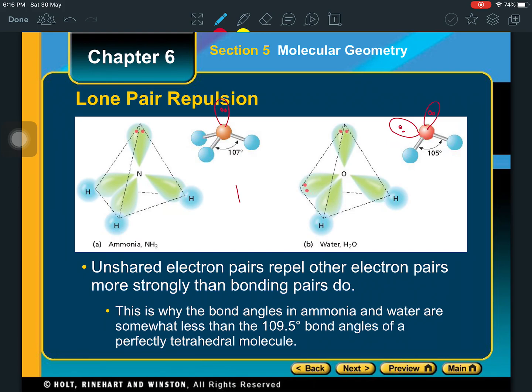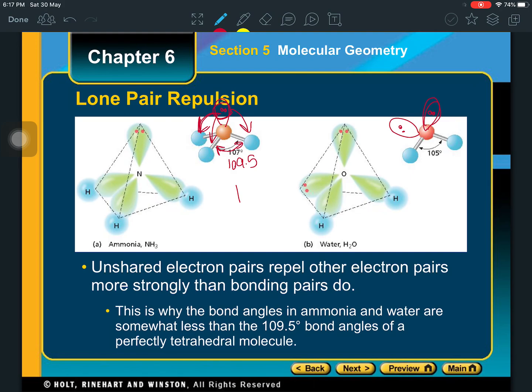And that's because lone pairs have a stronger force of repulsion than the other atoms. So when these guys are repelling each other, they are not repelling each other as strongly as this one is pushing them down. So as this one basically tries to squeeze them closer to each other, because these lone pairs want more space for themselves. And that's why this does not end up being 109.5, but it ends up being slightly less.